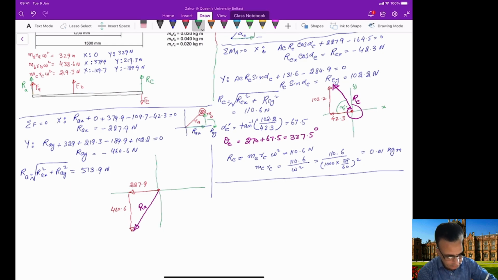If you call this angle alpha A dash, then alpha A dash is equal to tangent inverse of 460.6 divided by 227.9. So just the perpendicular divided by the base.